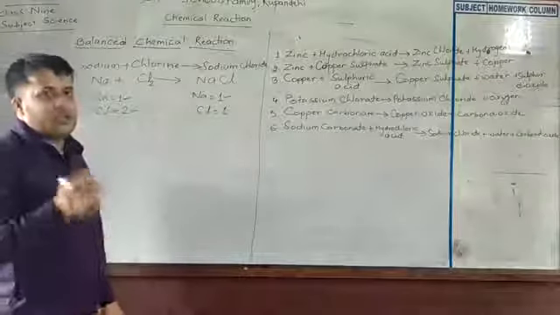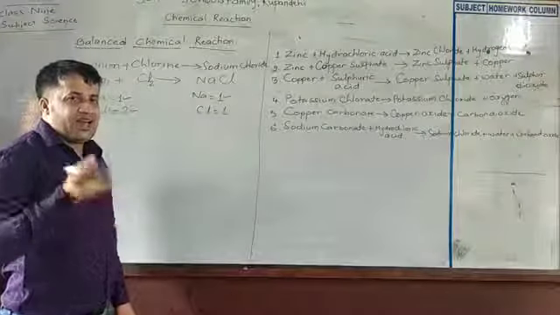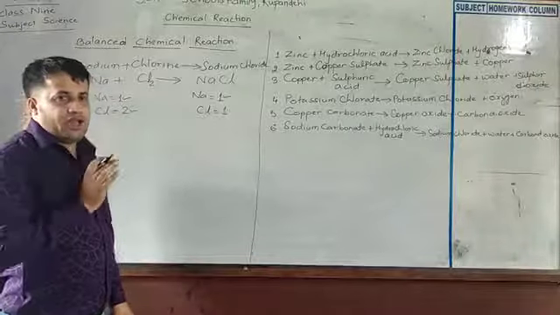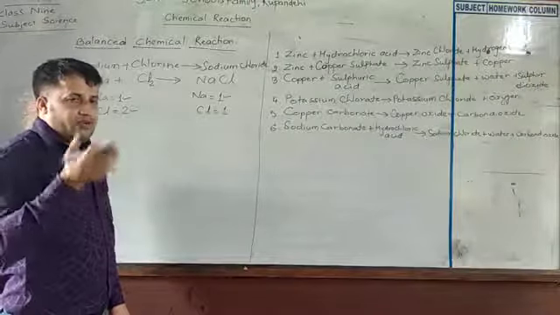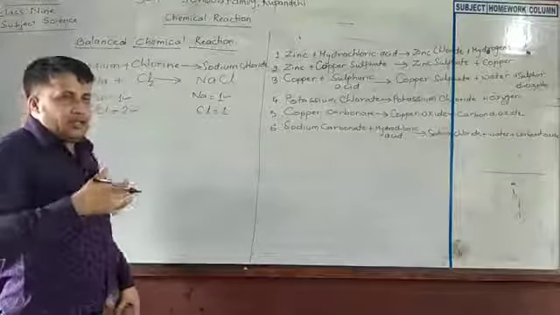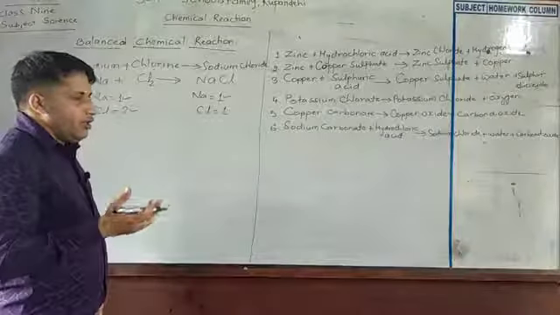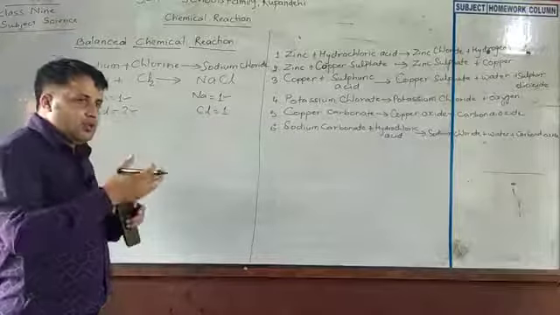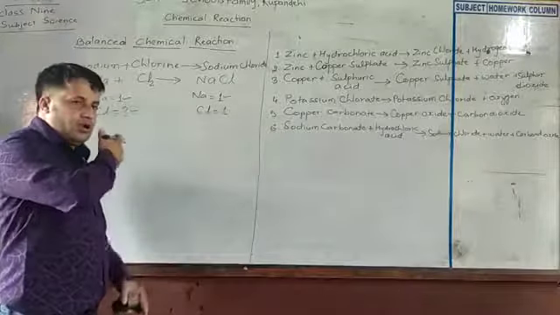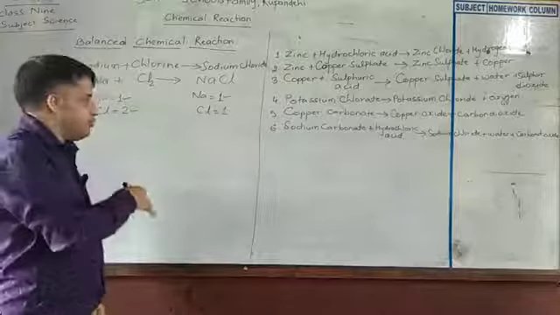We have to multiply the number of atoms by thinking, and if it is possible it will balance. Then once we balance, again we will look at the other element, and like that.